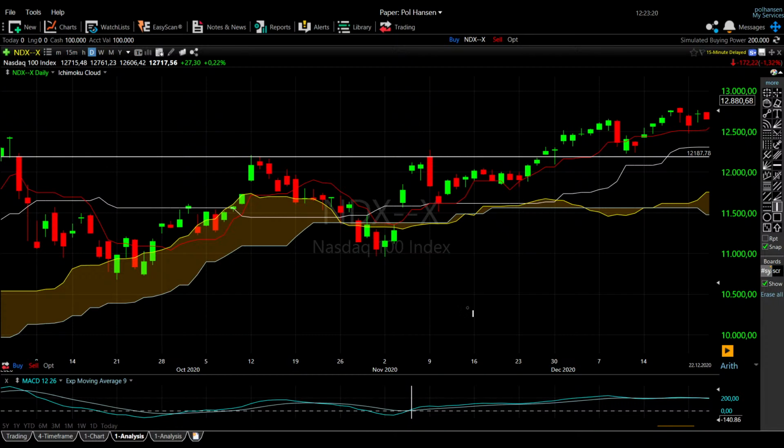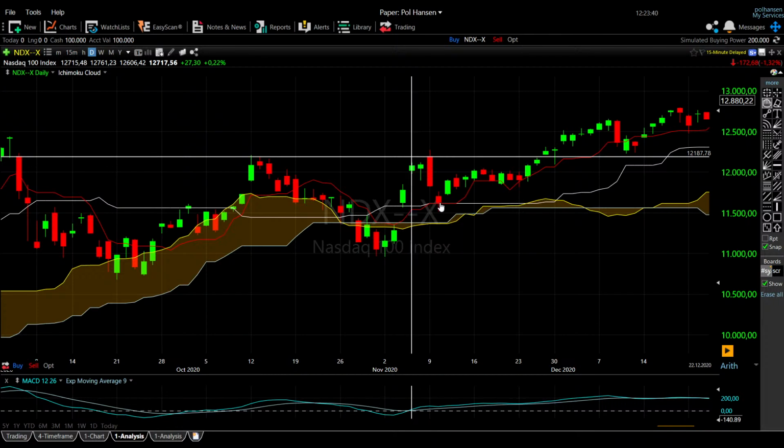You can see it again around this area, where we have the crossing of the MACD. The MACD is crossing to the upside right here, and that is just before the crossing of these 2 moving averages.